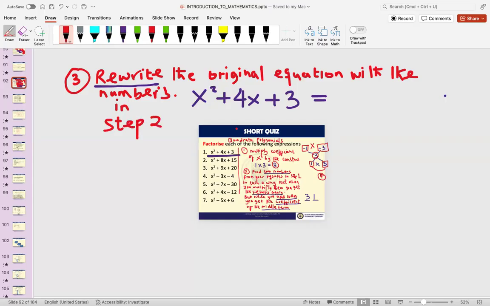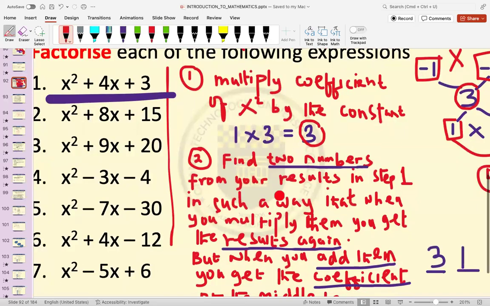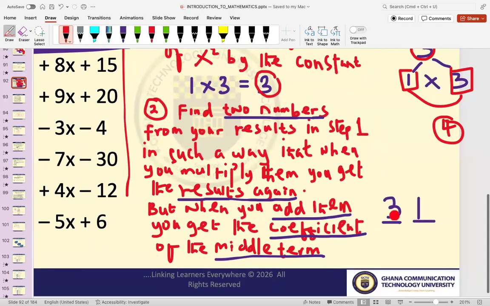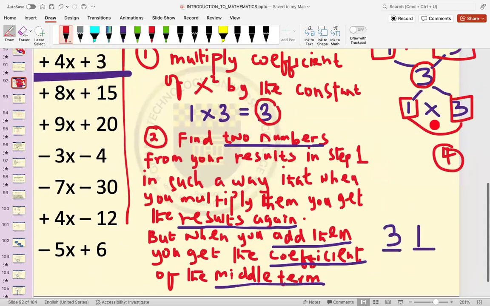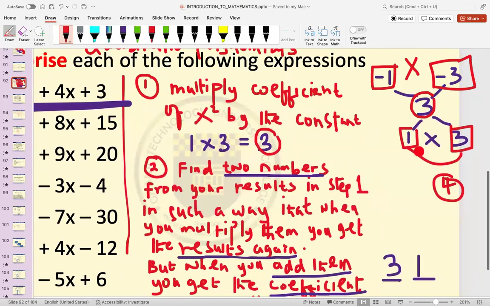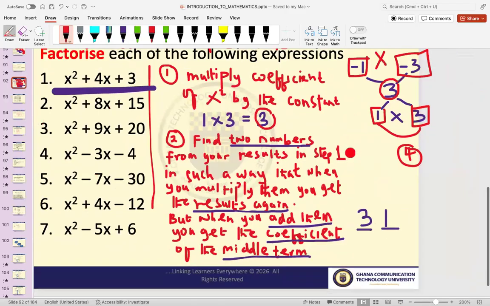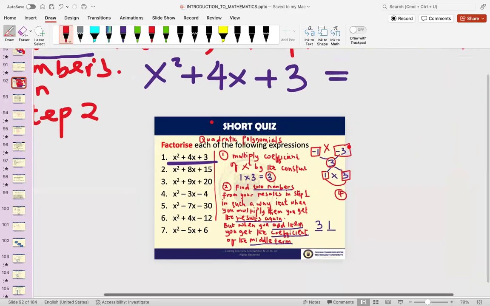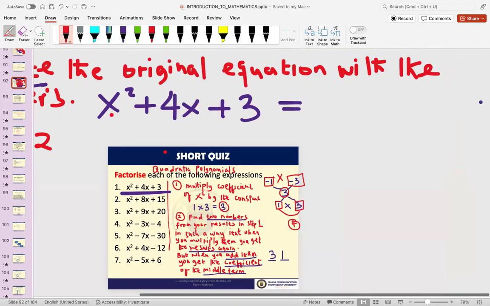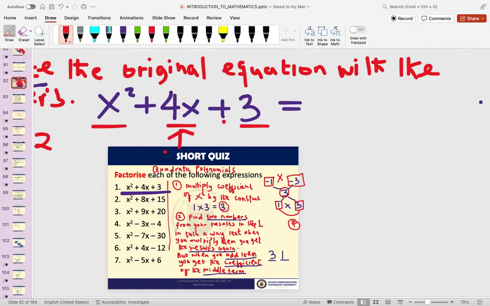So let's go back to step 2. Step 2, what numbers did we get? We had 3 and 1 from the multiplication we did here. We had 3 and 1 for the middle term. So what it means is that instead of writing x squared plus 4x plus 3, we are going to split the middle term.